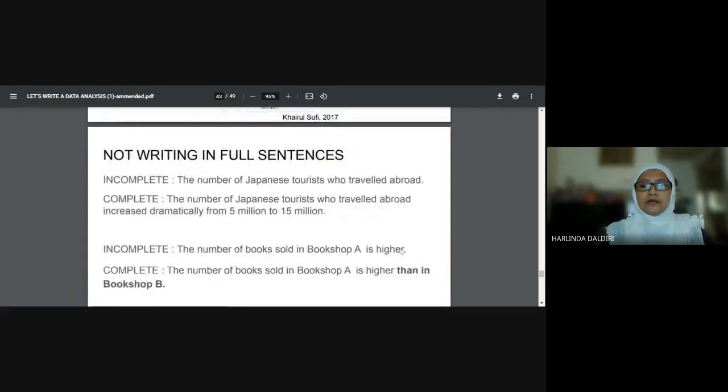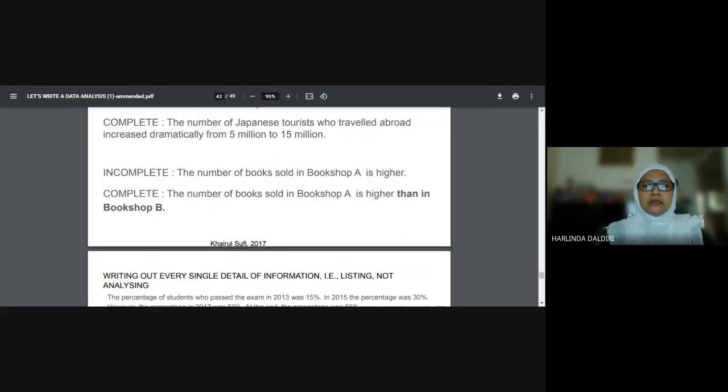So you have to complete the sentence: The number of books sold in bookshop A is higher than in bookshop B. Or maybe, the number is the highest. If you stop there, it's correct: The number of books sold in bookshop A is the highest. But when you use a comparative, when you add -er or more in front, you must finish then what, because you are comparing two items when you are using a comparative.